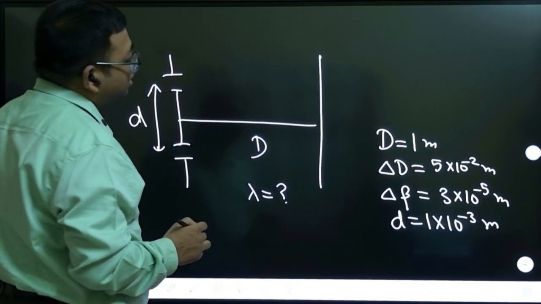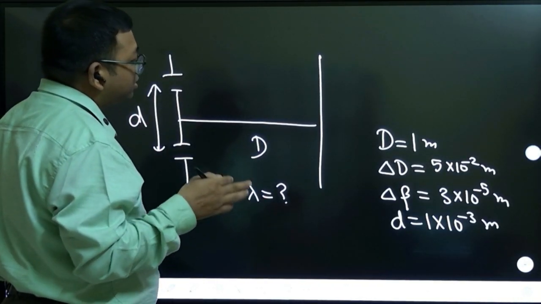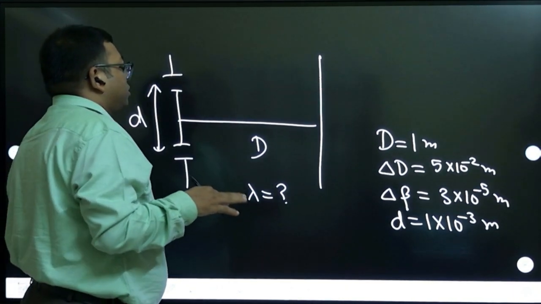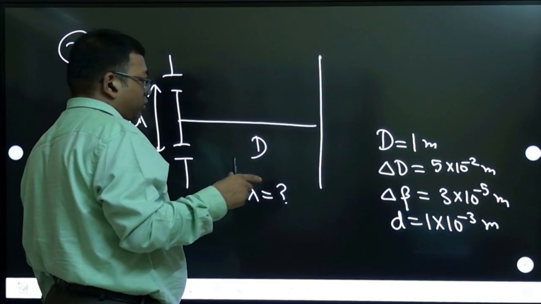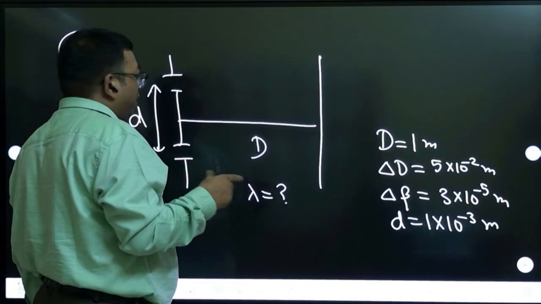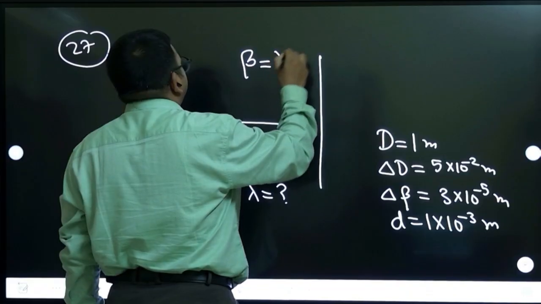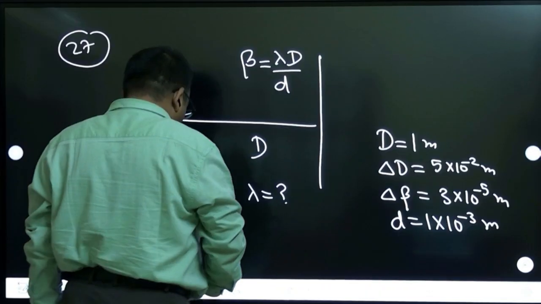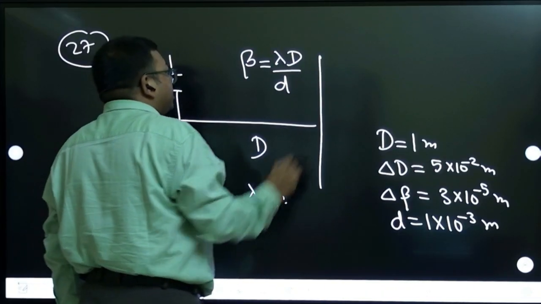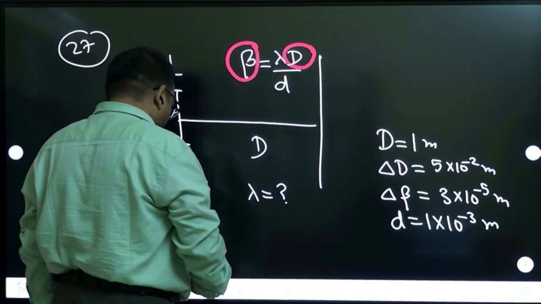So what are the things given? D is given, delta D is given, delta beta is given, small d is given. So first of all, why is beta changing? What is the formula for beta? Lambda D by d. So what is changing? Capital D is changing, right? Because of capital D changing, beta also changes.